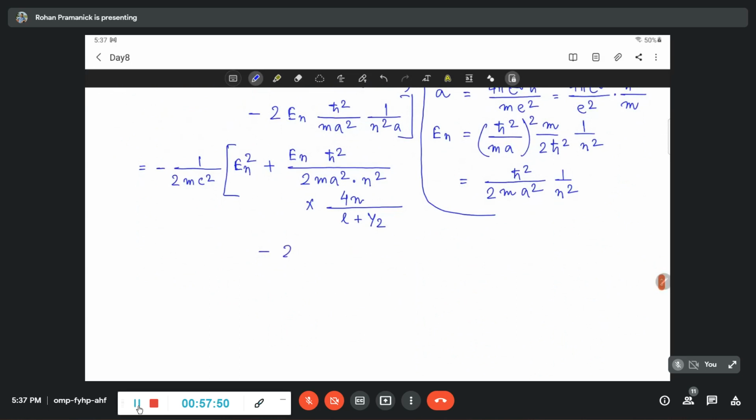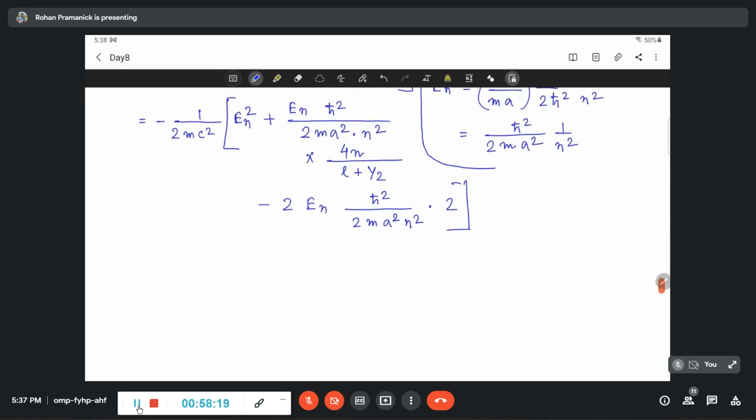Now it is fine. 2en, and this h cut squared by twice m squared n squared, and then everything else I have to give here. So this is 2, right? Extra 2 I have to fit. Okay, now it is taking shape somehow.